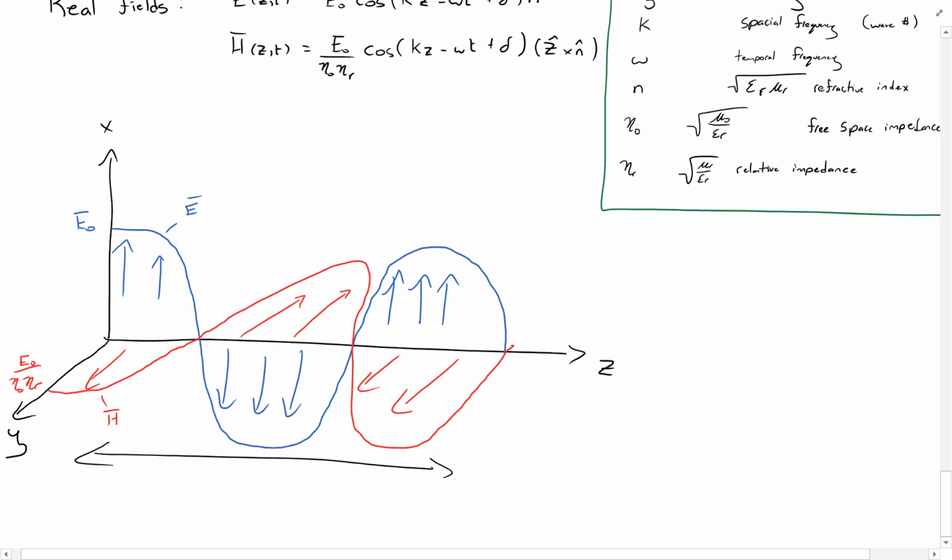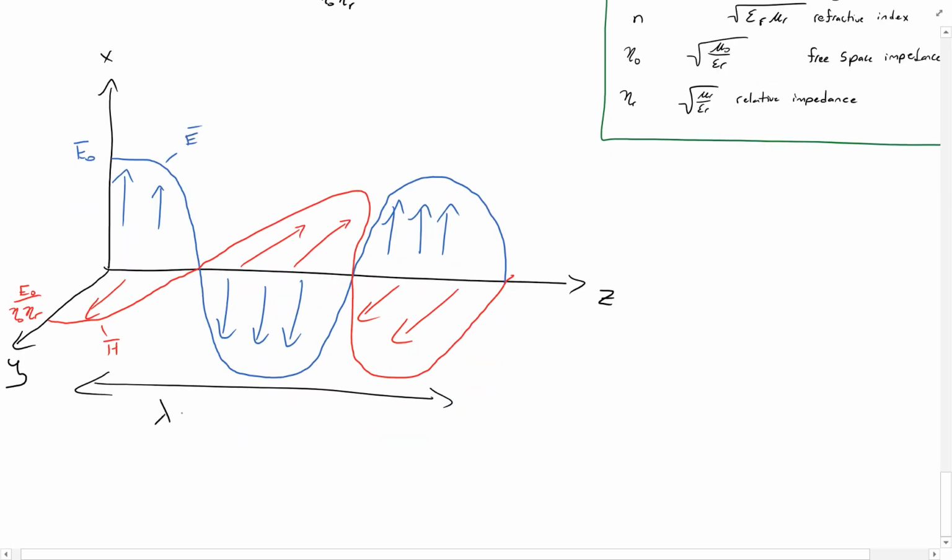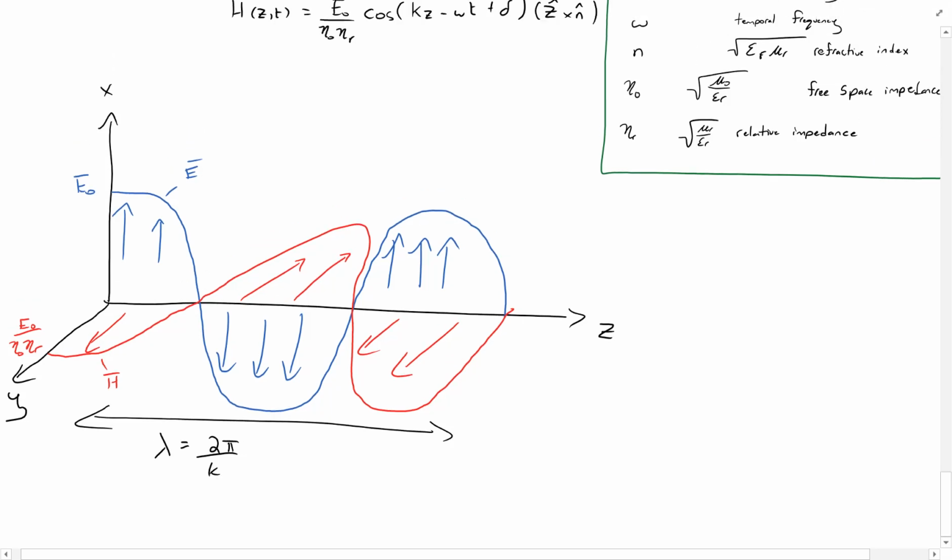We can define our wavelength here just as 2 pi over our spatial frequency, and also the period of the wave, or the time it takes to go a full cycle up and down, just as 2 pi over our temporal frequency.